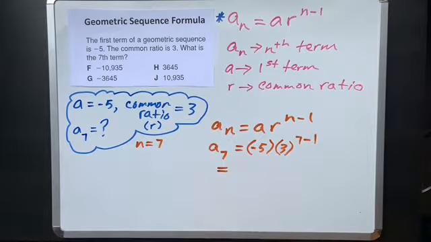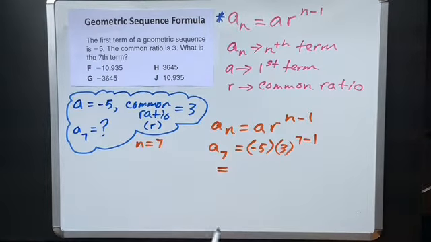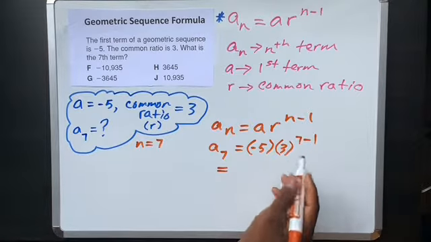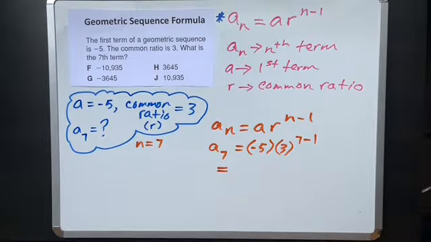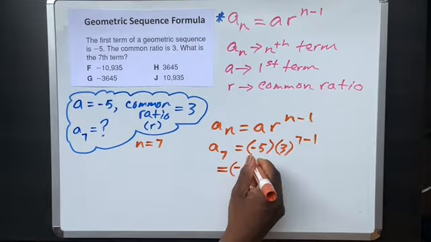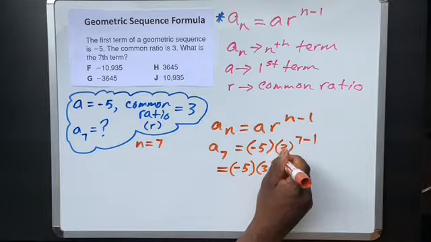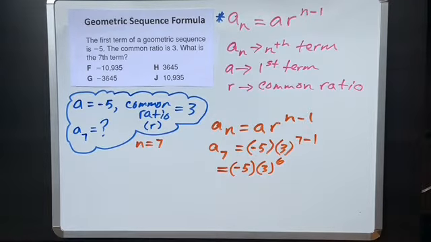According to order of operations, we have multiplication and exponents, so we simplify the exponent first. That means we get -5, which we're not going to change, times 3 to the power of 7 minus 1, which gives us 6.